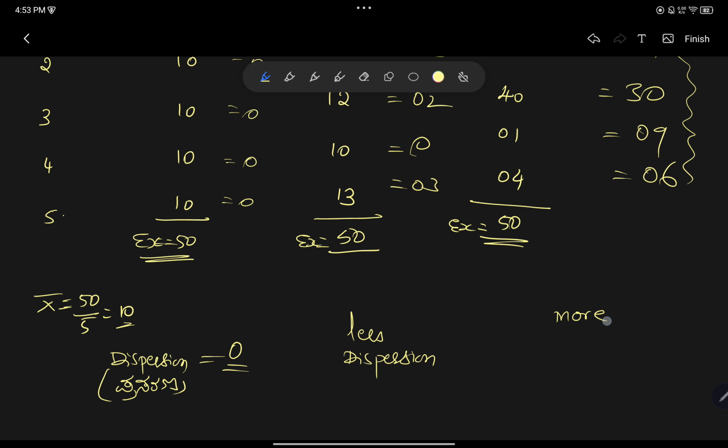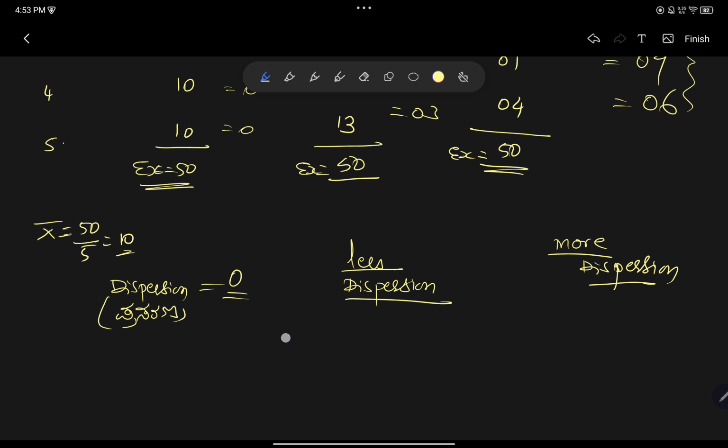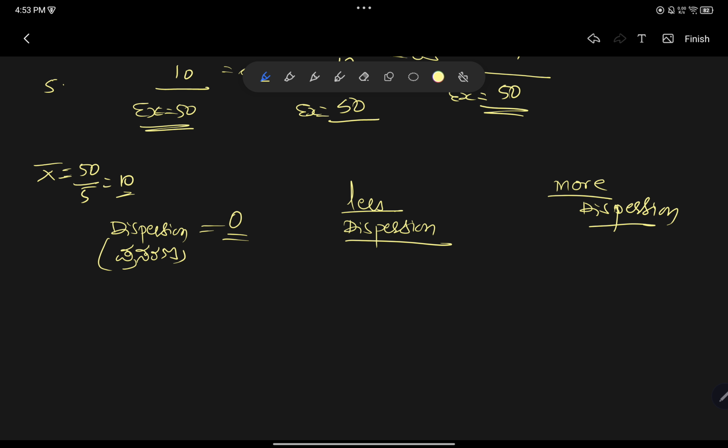More dispersion. So this is what we call dispersion. The dispersion concept says how much the variation is more or less.